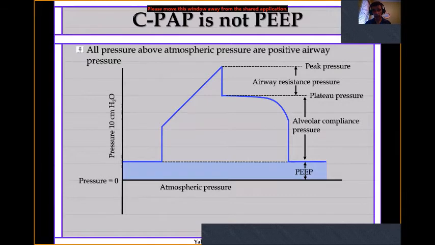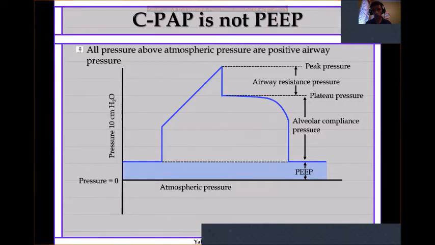This total pressure we call the peak airway pressure, and this one is the airway resistance pressure, and this is the alveolar pressure, or the compliance.